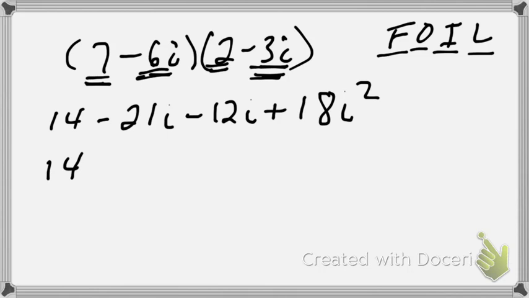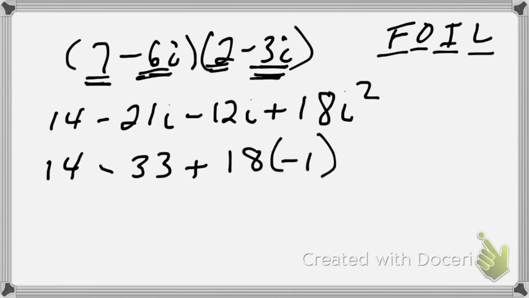So we have 14, and then we have a negative 21i and a negative 12i, that's going to give us a negative 33i, plus 18 times negative 1, because i squared is equal to negative 1. Alright, so we don't want to lose that i there.